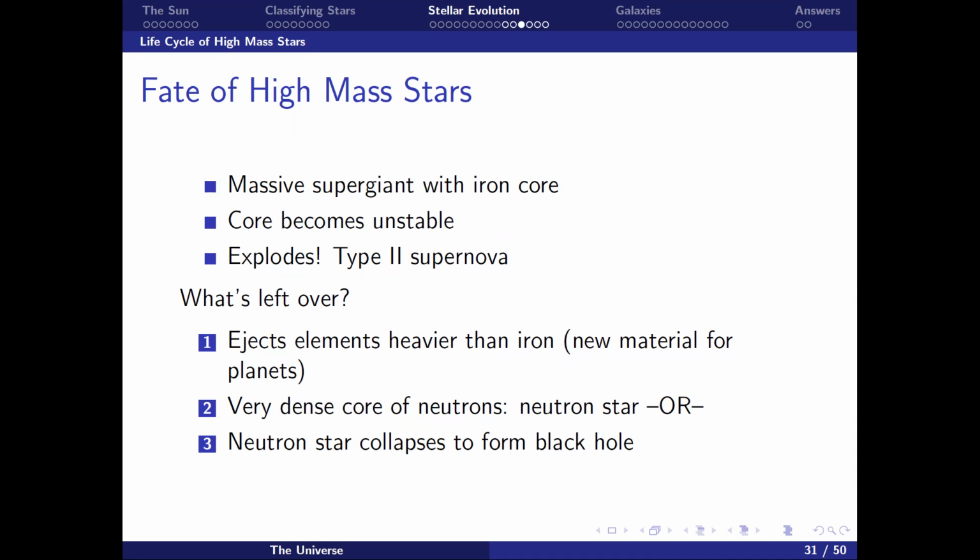There's so much gravity left over that the protons and electrons collapse and turn into neutrons. And if there's enough neutrons, if there's enough mass, those neutrons can eventually collapse in on themselves to form a black hole.